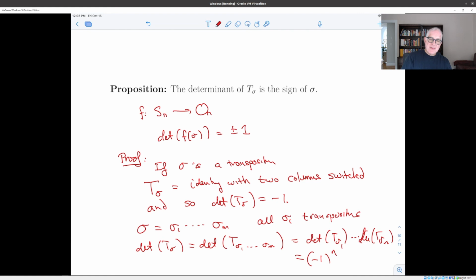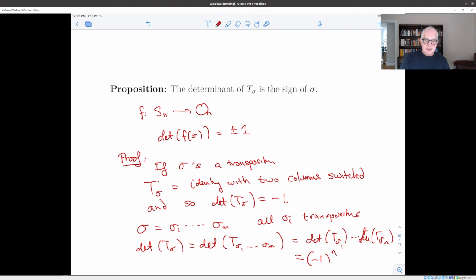And the nice thing about this is, having done it this way, any question about whether this is well defined is automatically taken care of. Remember we had to worry a little bit that if you wrote a permutation as a product of transpositions, it was either even or odd, no matter how you did it, you always had either an even number of transpositions or an odd number of transpositions. We didn't have to use that here.